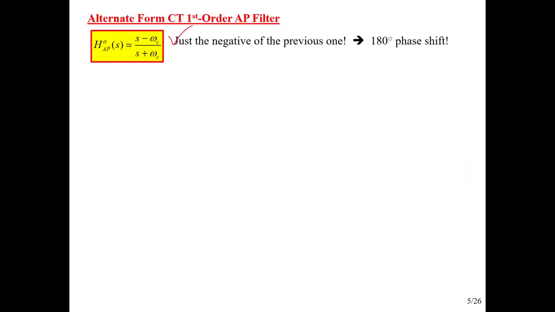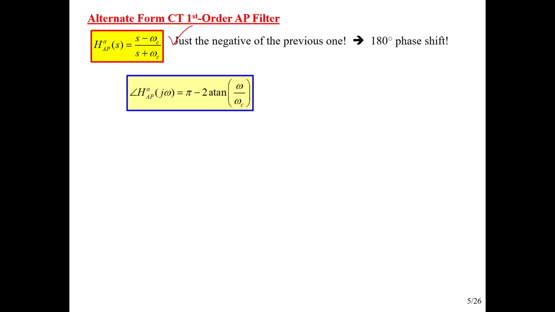Multiplying a transfer function by minus 1 doesn't change the magnitude at all. So we've already proved that this is all-pass, and this negative out in front retains that. But from a phase shift point of view, multiplying by negative 1 corresponds to a 180 degree phase shift.